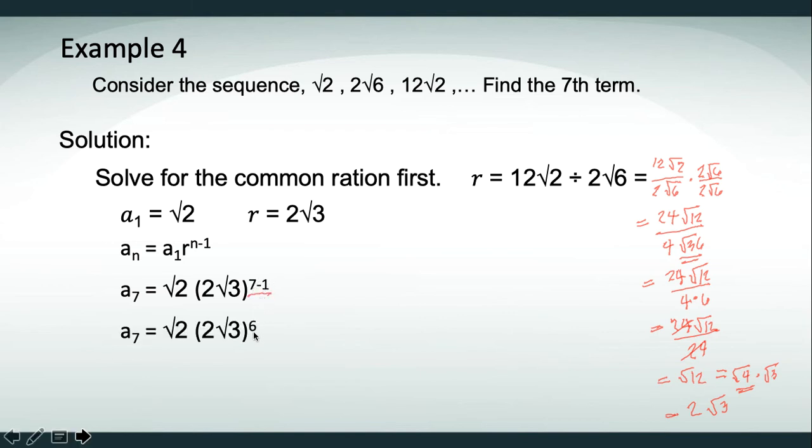Then we solve 2 square root of 3 to the power of 6, and that is 1728. And since we cannot multiply 1728 with the square root of 2, our final answer is 1728 times the square root of 2. And this is our 7th term.